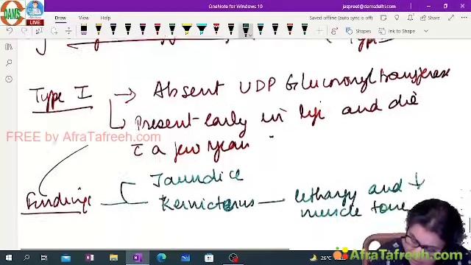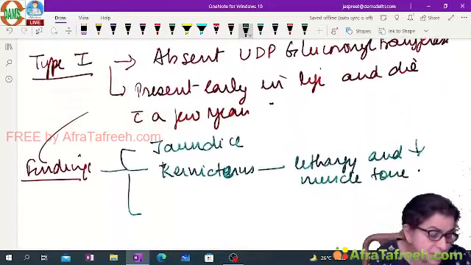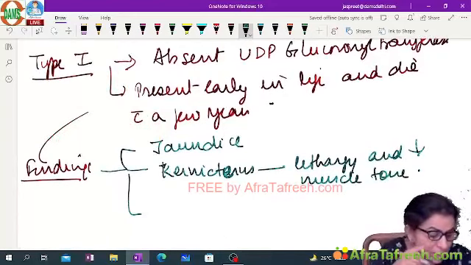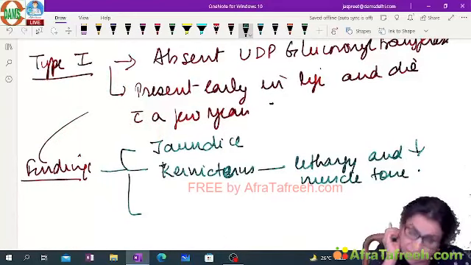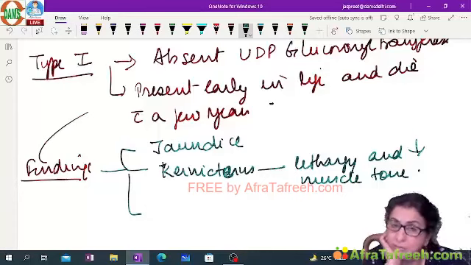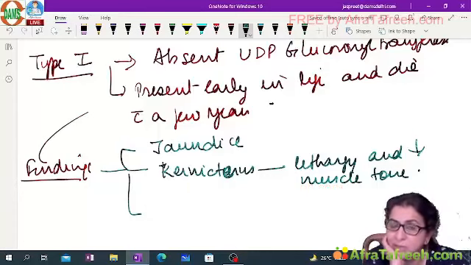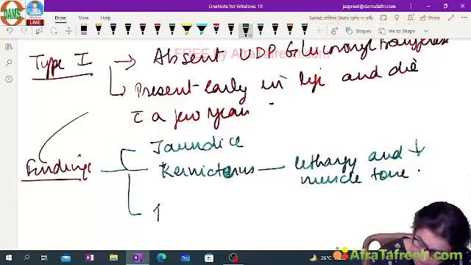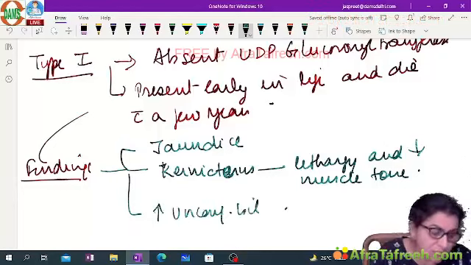Kernicterus is when unconjugated bilirubin crosses the blood-brain barrier and deposits in the brain, especially the basal ganglia. You see increased unconjugated bilirubin in the blood.